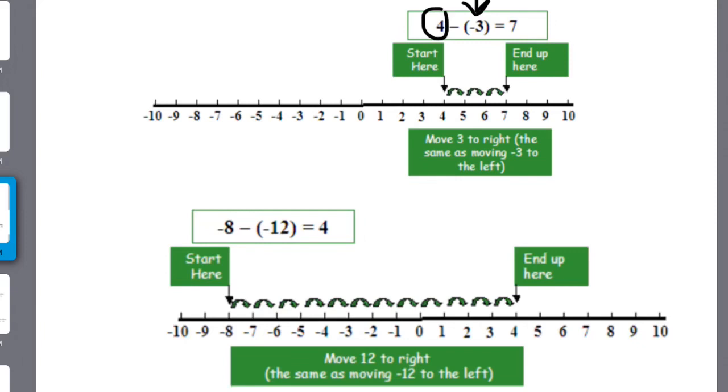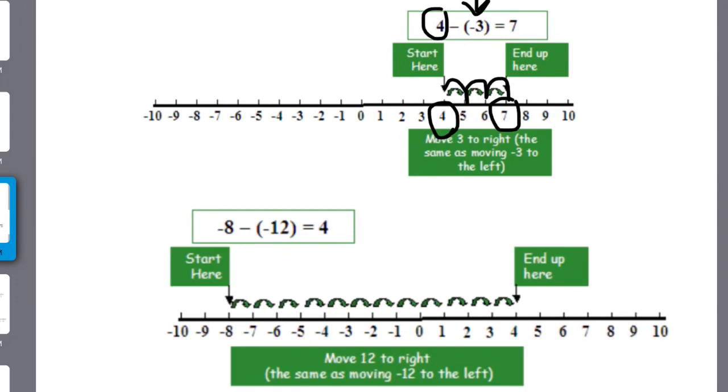Our answer is going to get larger, not smaller. So we start at positive 4 and we move to the right 3. 4, moving to the right, 1, 2, 3. We end at 7. So positive 4 minus negative 3 equals 7.